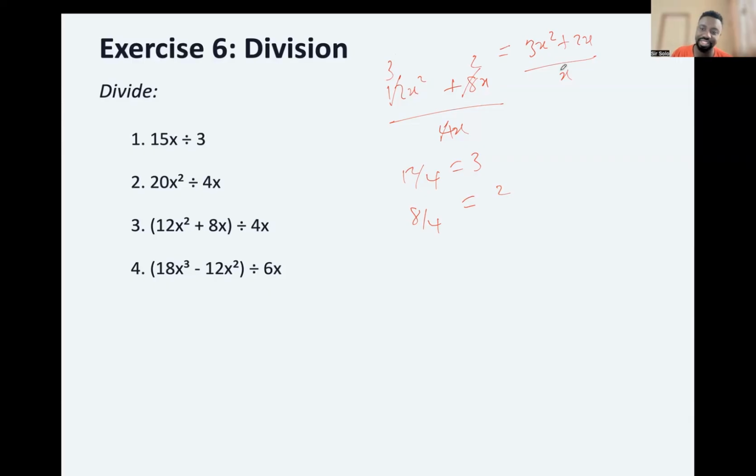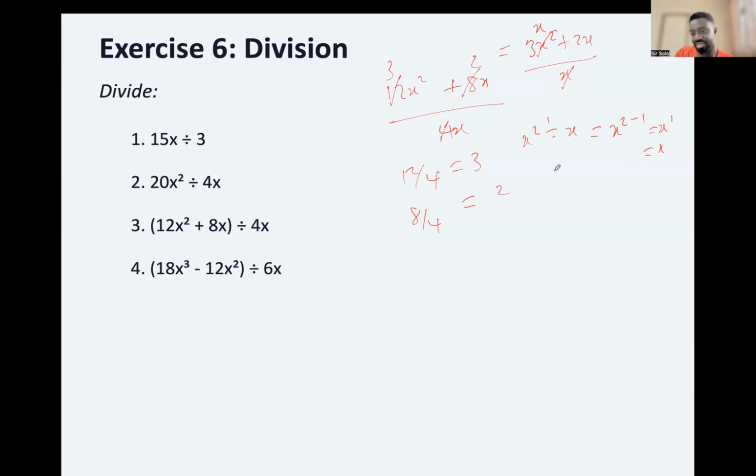Now x squared divided by x will give us x, because it's x raised to the power 2 minus 1, which is x raised to the power 1, and x raised to the power 1 is x.